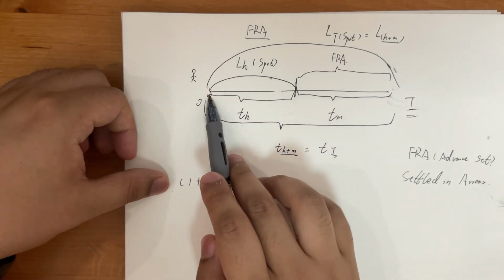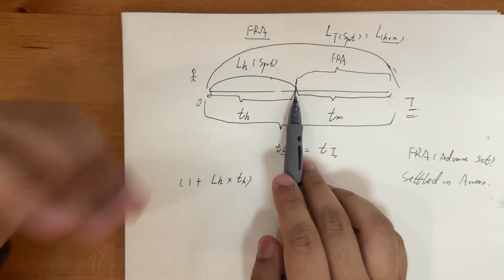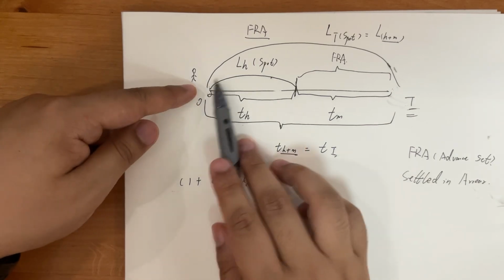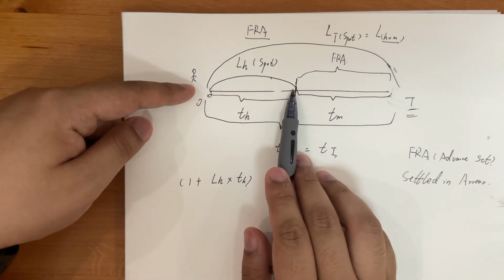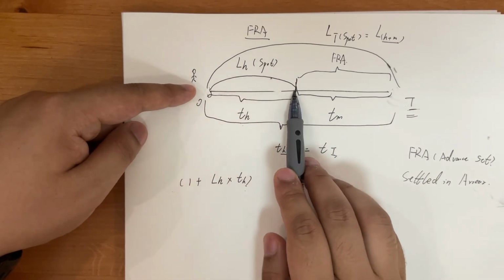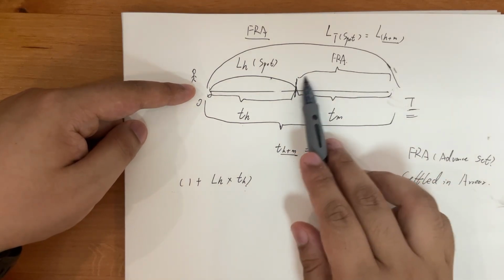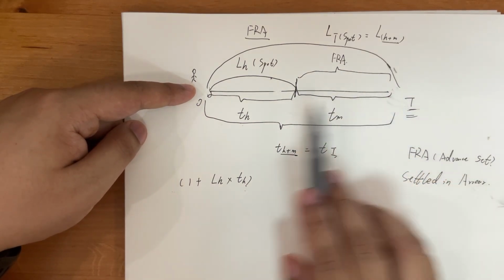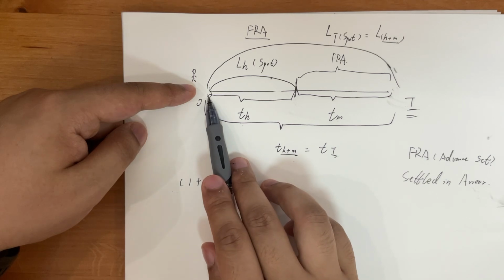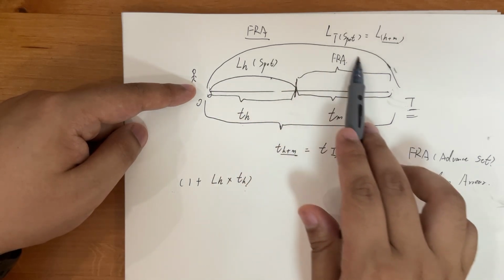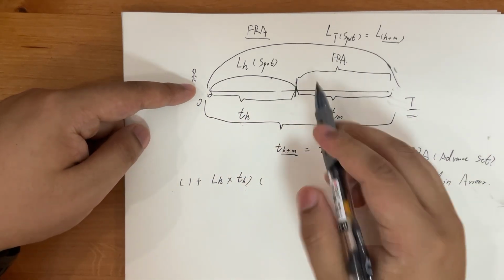So this is this time frame, and once you get that, you invest at that spot rate, you get all the money as well as interest, and you invest that again using the FRA, and then it will equal investing at time 0 all the way to time t. Pretty simple.